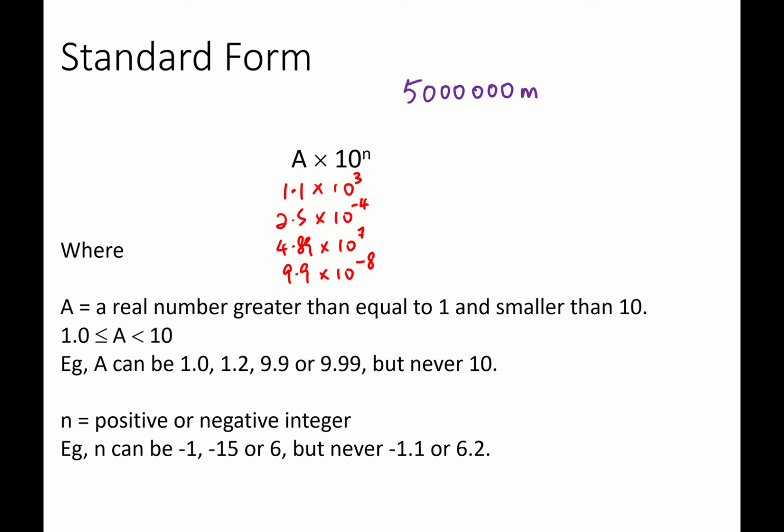So to express in standard form, we actually simplify its expression. We simplify such that it's 5.0 times 10 to the power of 6 meters. This is standard form. Yes, you have to write 5.0, expressed in two significant figures.